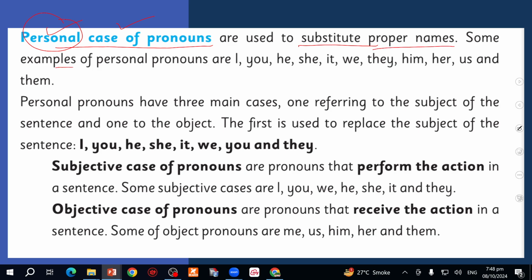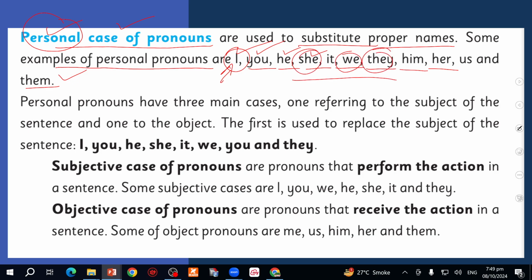Some examples of personal pronouns are I, you, he, she, it, we, they, him, her, us, and them. These are personal because they refer to every person, whether in first, second, or third person, whether singular or plural. So these kinds of pronouns are personal pronouns.